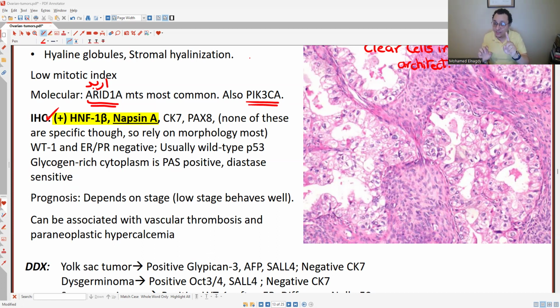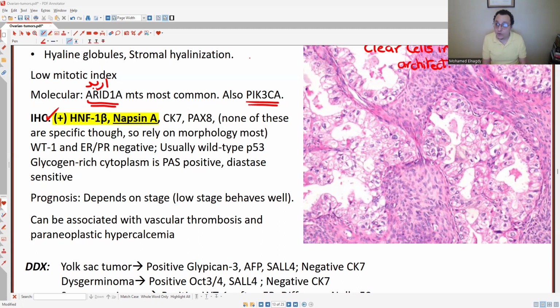The cells have mucin inside them, and there is stromal invasion with reactive stromal desmoplasia, and a lot of invasive foci. What would you call it? I will call it mucinous carcinoma. Yes, mucinous carcinoma of the ovary.